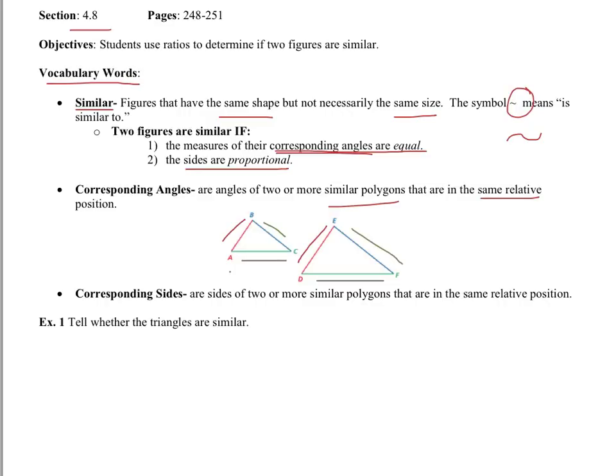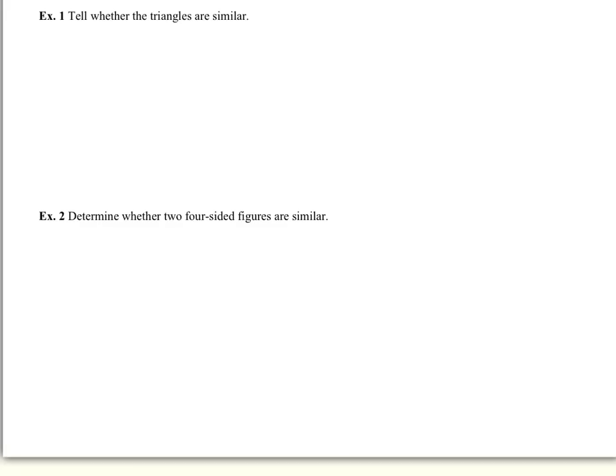So a little confusing, but if they're in the same part of the shape, then they're corresponding. So let's do a couple of examples to try to make sense of all that.